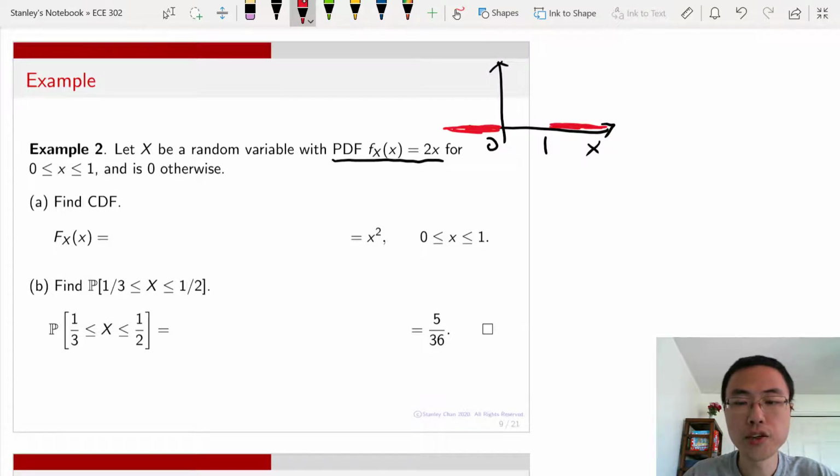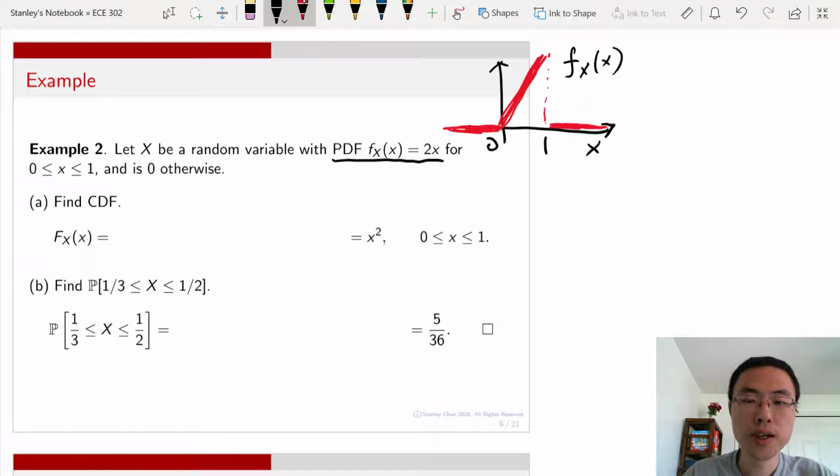For values between 0 and 1, the PDF is 2x, a straight line with a slope of 2. So this is the PDF, your f_X of x.